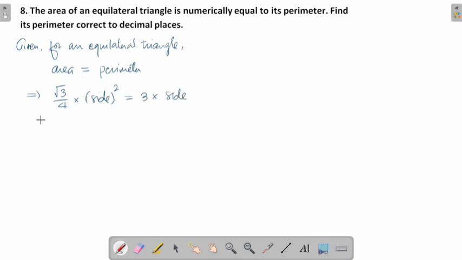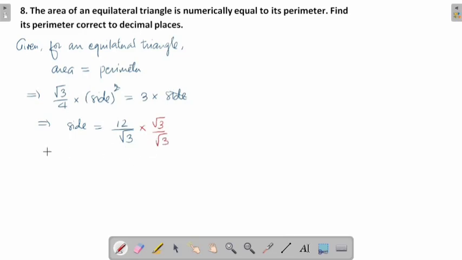Now see here carefully. You can cancel side and side, so you get just side. Bring this 4, so you get 12 by root 3. Remember, 4 into 3 is 12 and root 3 goes to the denominator. Now I'll multiply both numerator and denominator by root 3.